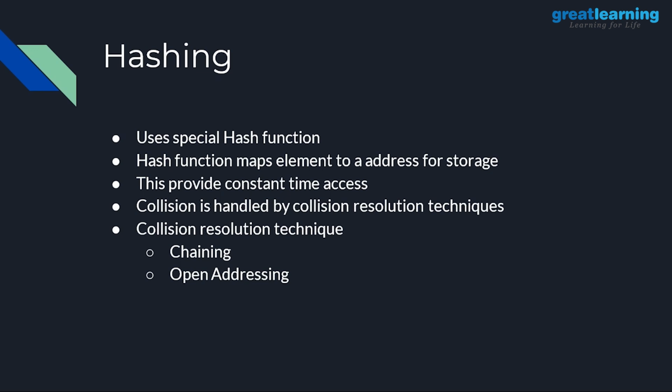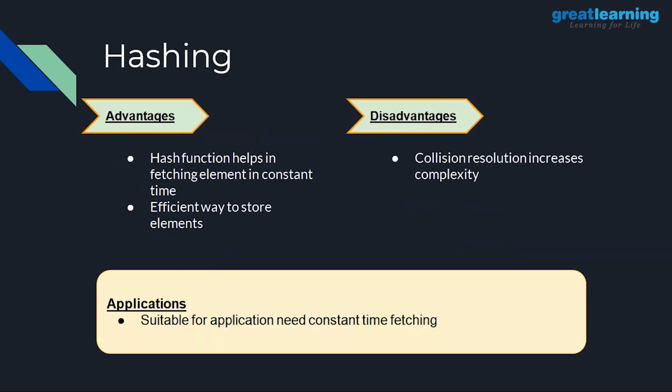Okay, so let's talk about now advantages and disadvantages. So what are the advantages? Hash function helps in fetching element in a constant time. Okay, with the help of hash function we are able to fetch elements in a constant time. It's an efficient way to store elements, as we have seen all the techniques, right? What are the disadvantages? We need to increase complexity.